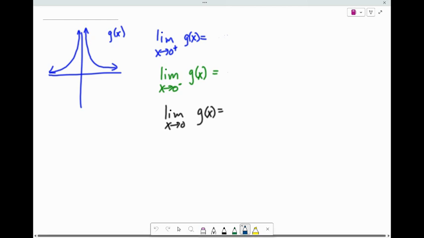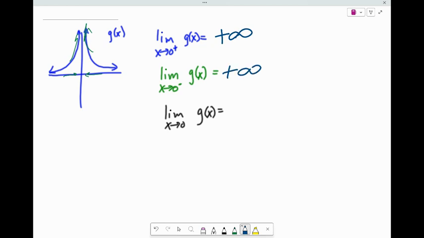If we had a function like this, g of x, then in this case, it doesn't matter whether you're coming from the left or the right, the y values in both cases are going to be going to positive infinity. So the left-sided limit would be positive infinity. The right-sided limit would be positive infinity.